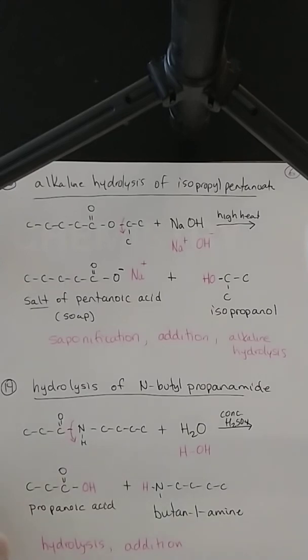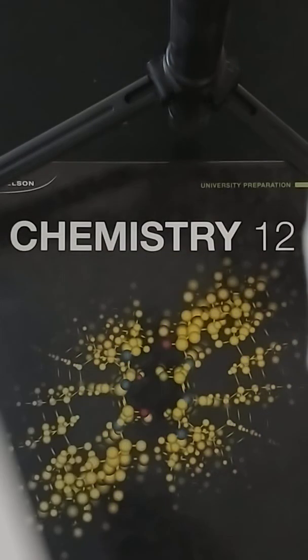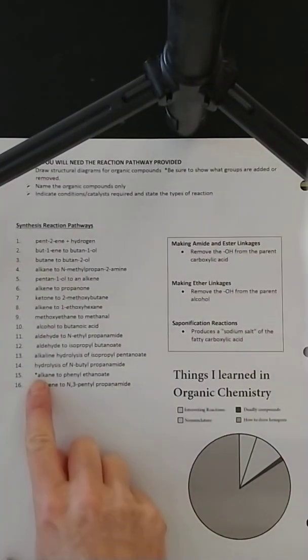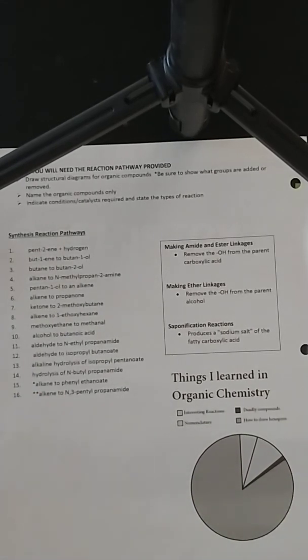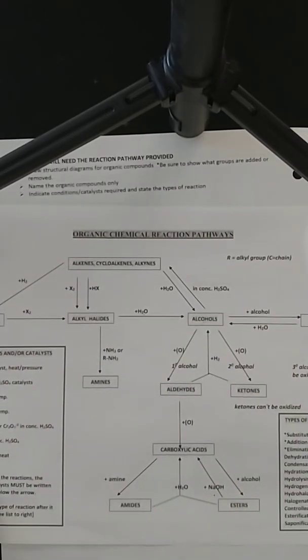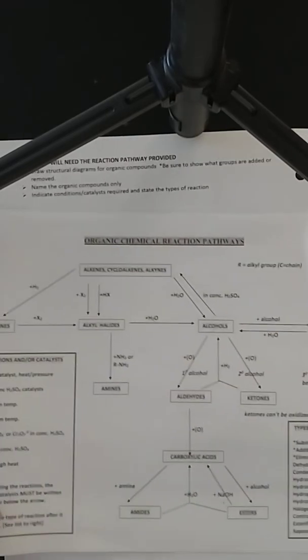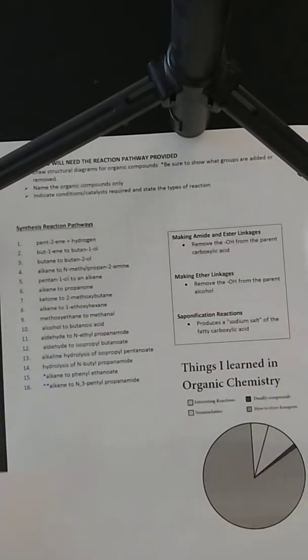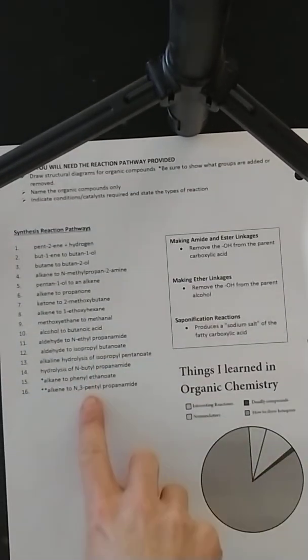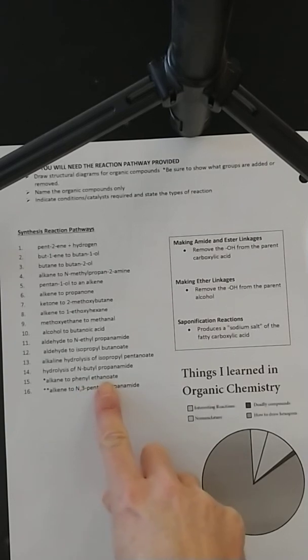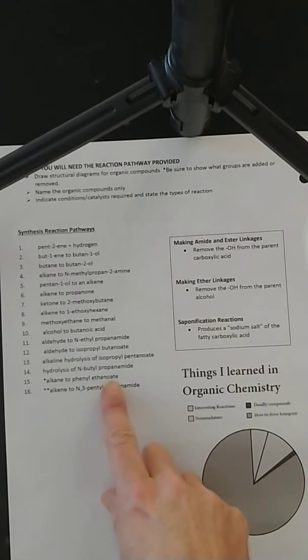Okay, so here's your job now, and this is going to be posted in Minds Online. Number 15 and 16 are full-length pathways. We've done every step on this chart in chunks. Your job now is to put it together. So in number 15, you're going to start with an alkane, and you're going to make phenylethanoate. So you have to recognize that that's an ester. And ethanoate, your parent is 2-carbon.